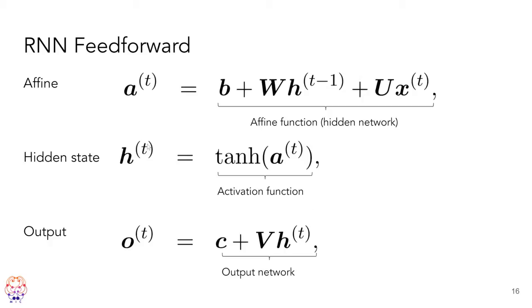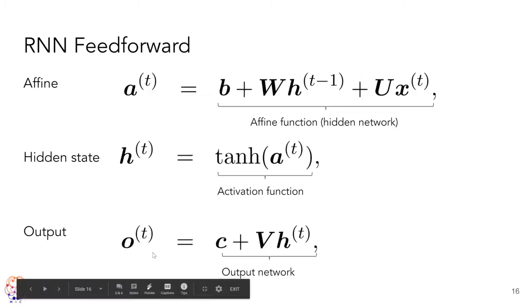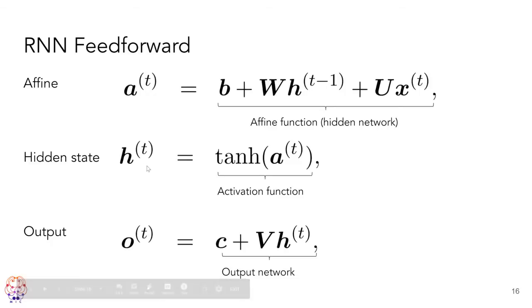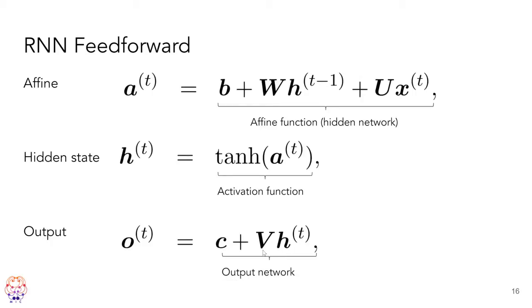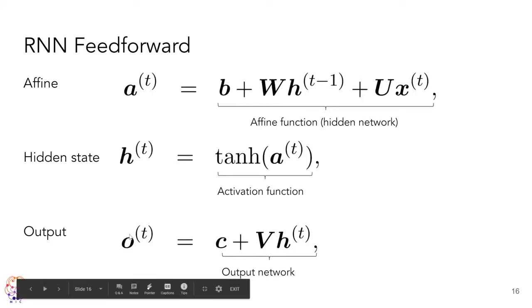Once we have H, we theoretically know all the information necessary to predict what O is, the output, or the prediction. So we take H multiplied by V and add C. It's just weights times plus a bias, and we get our output.